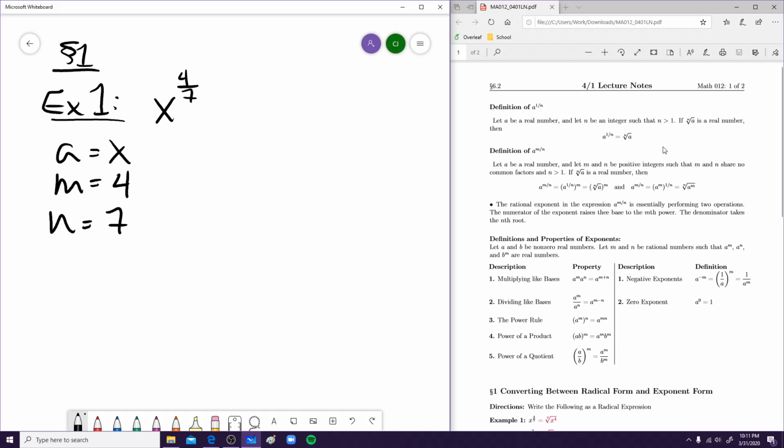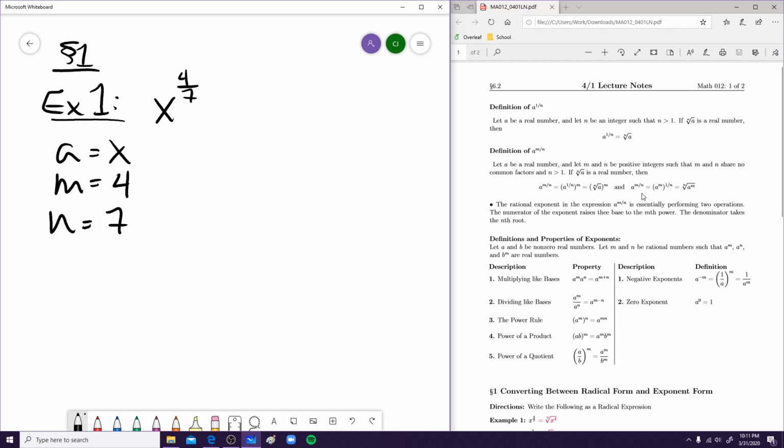Our goal here is to rewrite this as a radical. If we look at this definition, I'm actually going to use the second one. There's a middle step, where we are using the power rule.